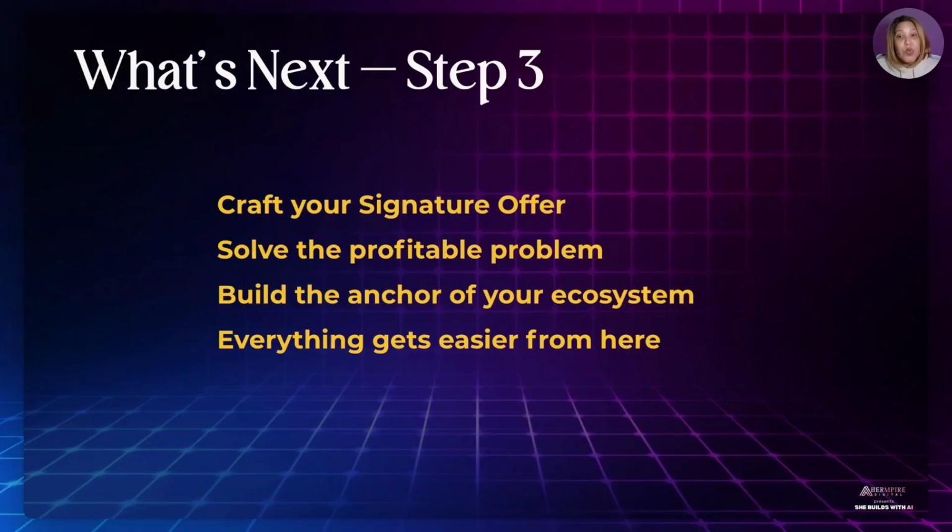Now, this is where we take the problem you identify from your customer avatar quiz, and we build the solution for that person. Okay, so I will see you in step 3.